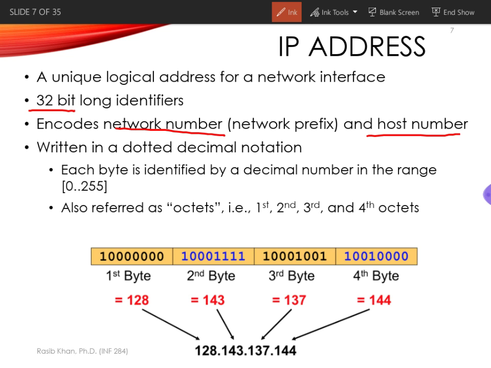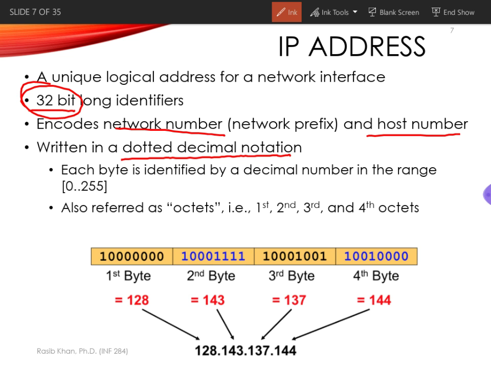We will look at the breakdown of this shortly, but let's try to break down how it's expressed. First of all, IP addresses are expressed in what we call a dotted decimal notation. This means that for the 32 bits, every 8 bits we encode into a decimal representation and separate from the next 8 bits with a dot. That is why we call it a dotted decimal notation.